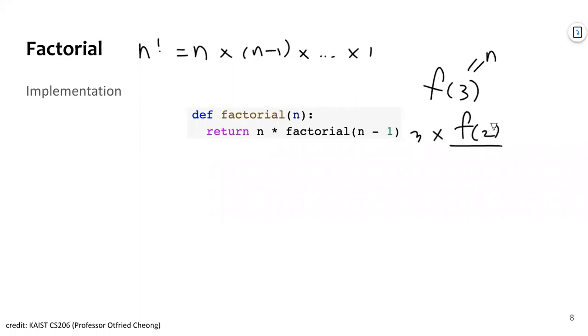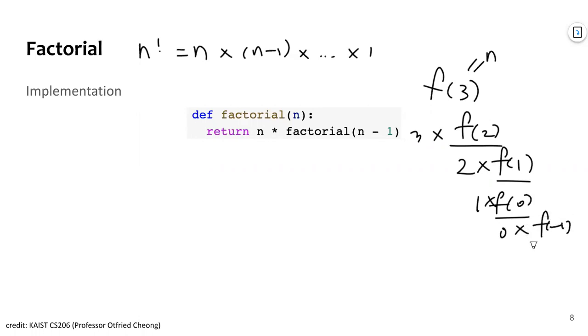And when we call this f2 function, it will return 2 times f of 2 minus 1, that is 1. And f1 is going to be 1 times f0. And f0 becomes 0 times f of minus 1. And it goes on and on. So it does not stop because there is no base case. So you guys are getting this right.